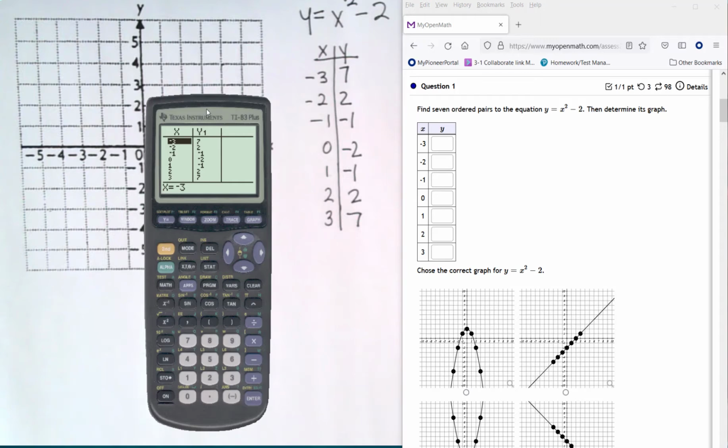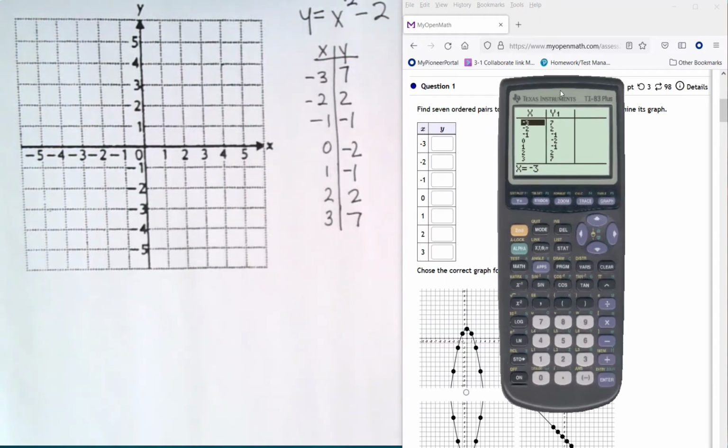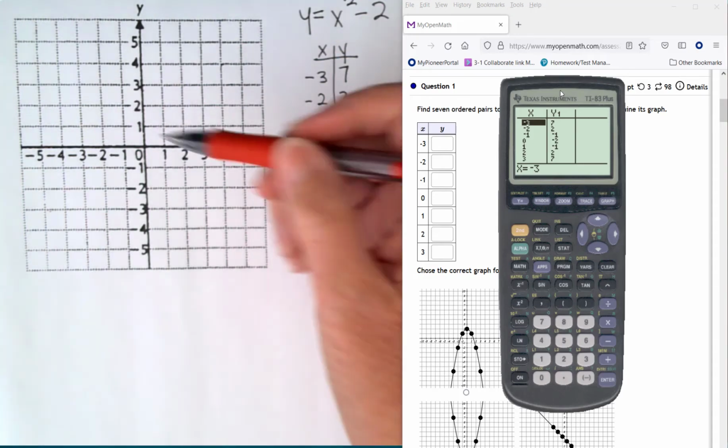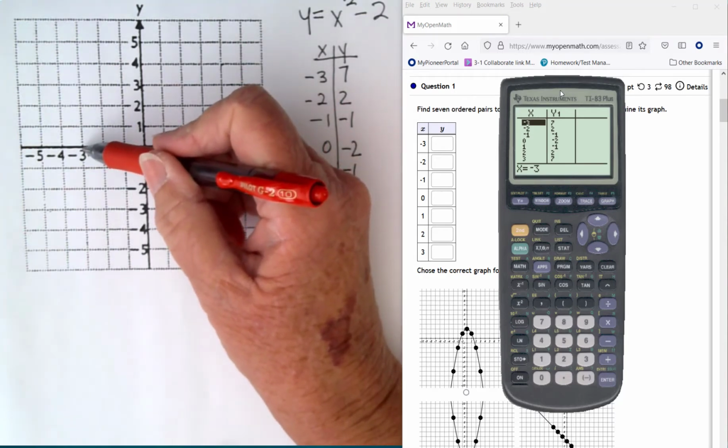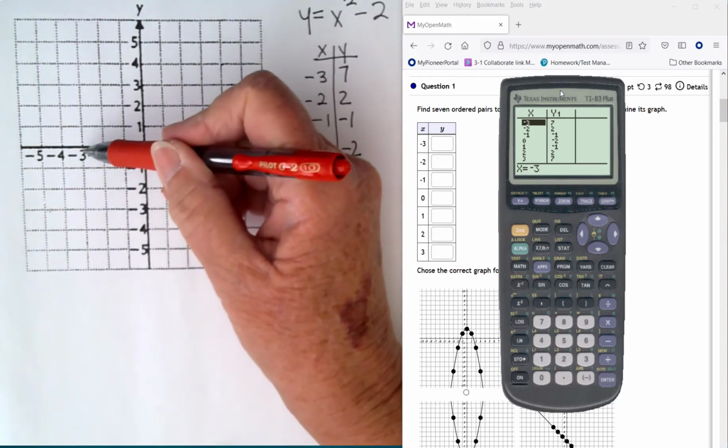Right, so I'm going to just move this over and do those by hand real quick. So we want to graph -3, 7. So we're going to go to the left 3 for -3 and up 7.